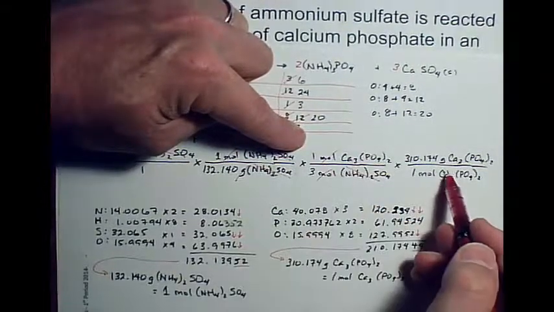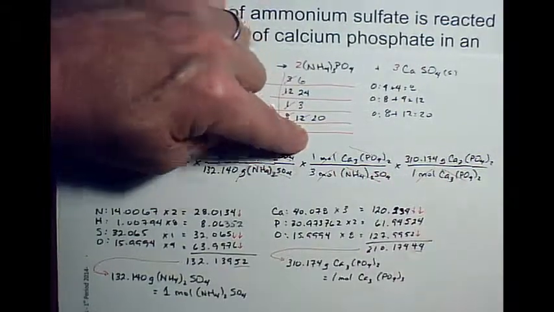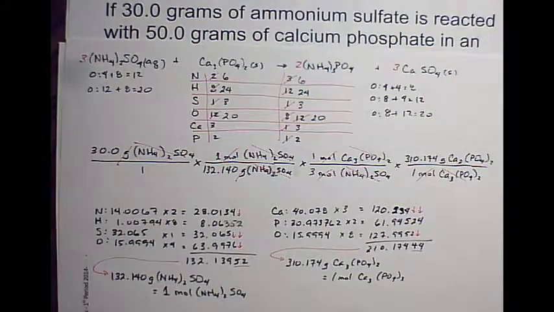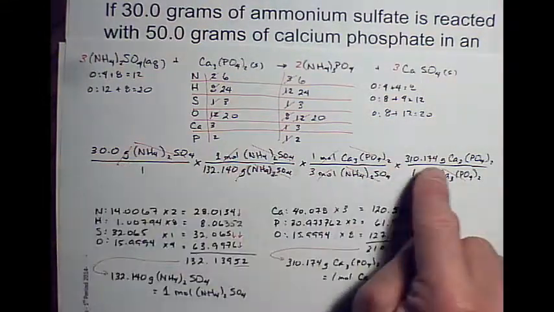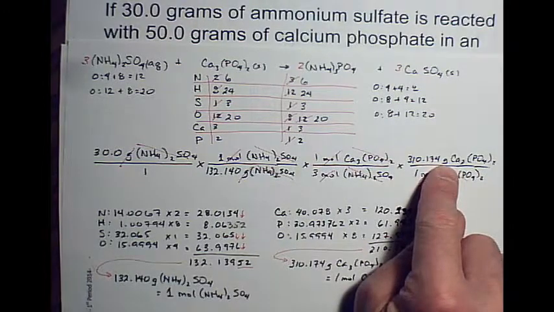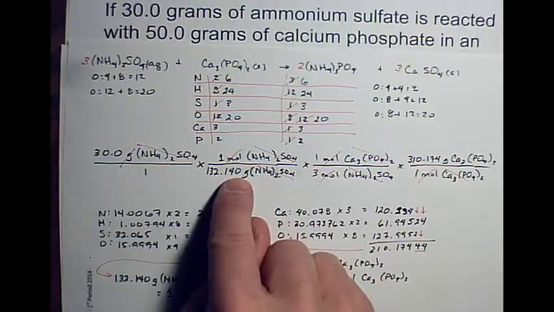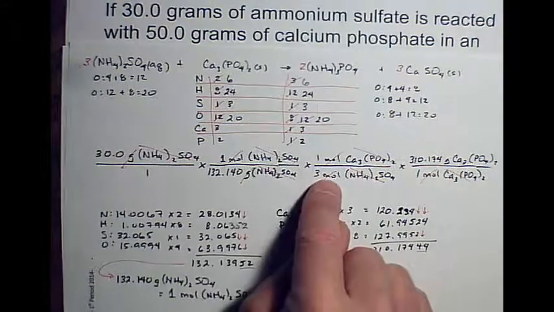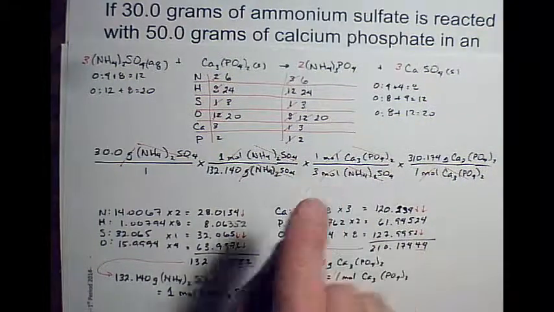And we cancel out units and species where we can. And we're left with grams of calcium phosphate, which is what we're looking for. So now we're ready to do the math. We're going to multiply everything across the top, hit enter or equals, then divide by this on the bottom, hit enter or equals, divide by this on the bottom, hit enter or equals.